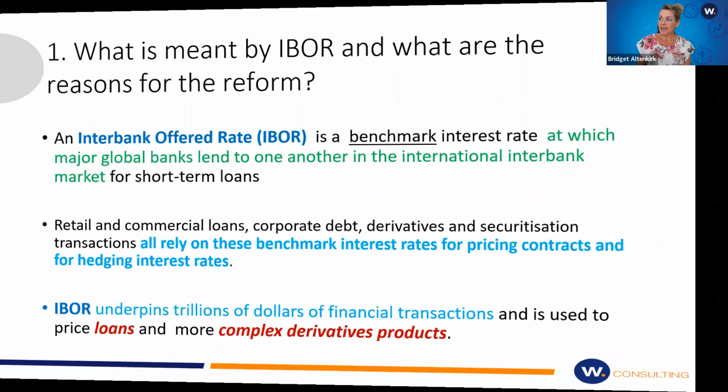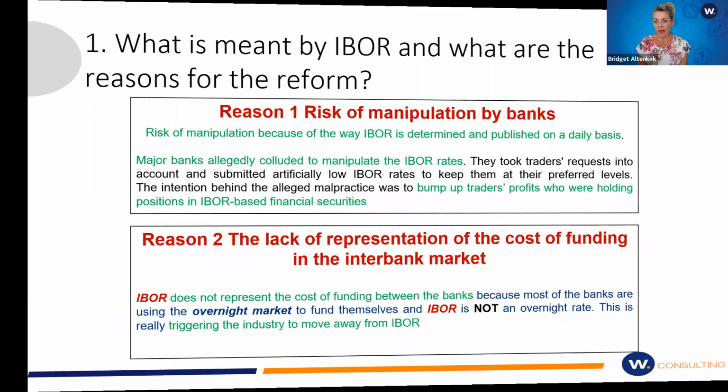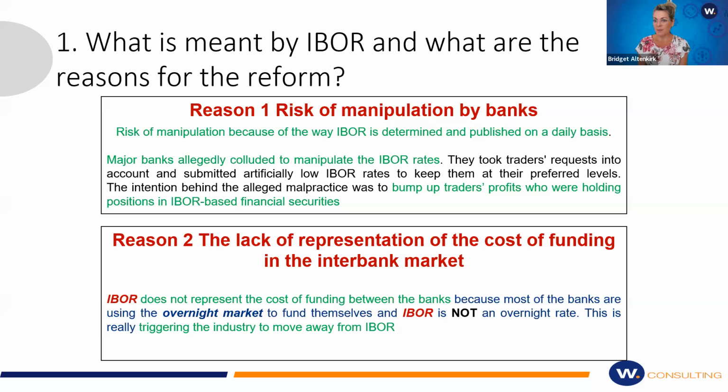The problem is that these rates have been questioned over the last number of years. And some have said, do these rates actually reflect the cost of financing between these international banks? Because there has been argument that these rates have been manipulated to just achieve particular rates between particular parties at certain intervals. So they are subject to the risk of manipulation by the banks.